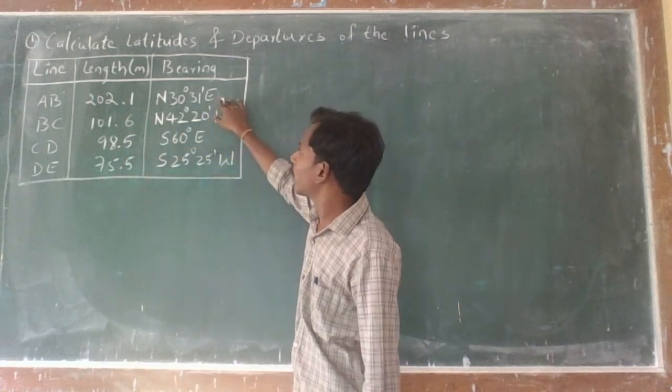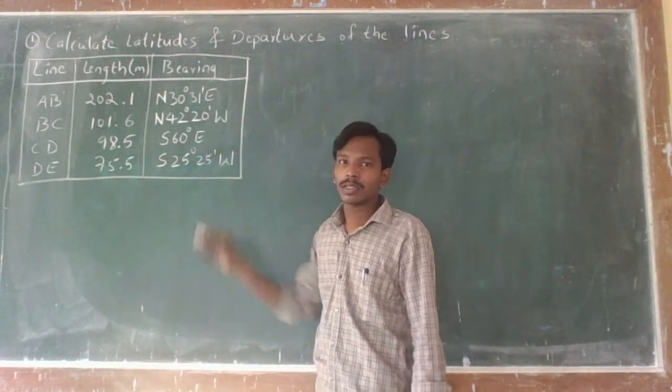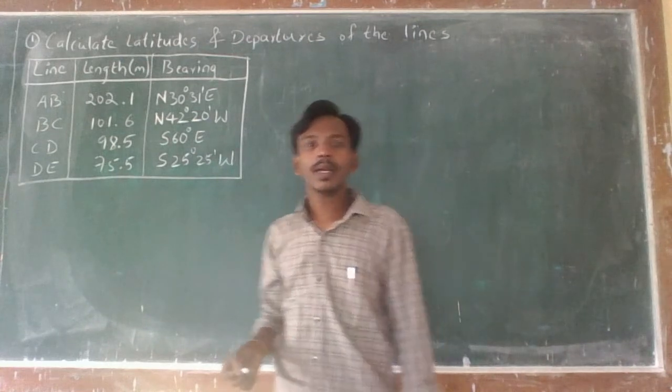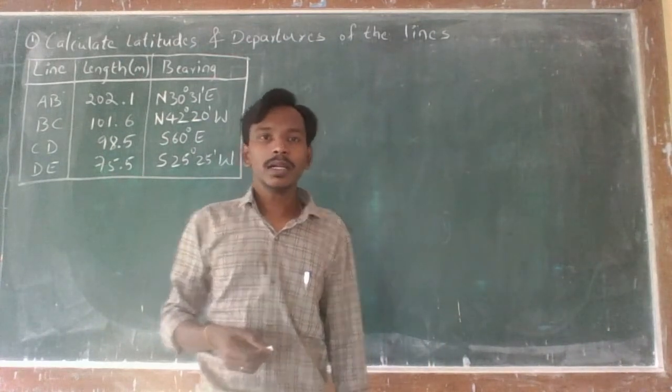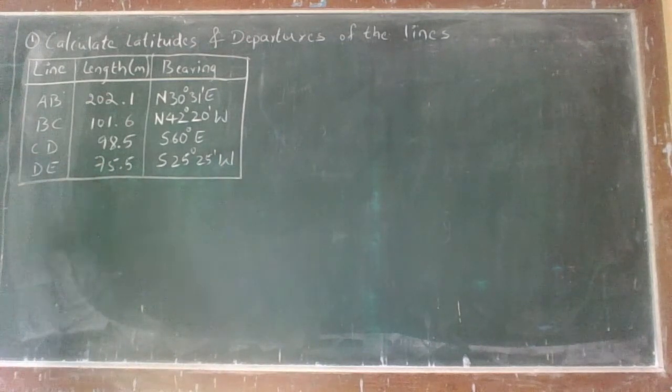Here the bearings are given in quadrantal bearing system or reduced bearing system. Now we have to calculate latitudes and departures. So let's calculate the latitude and departure.